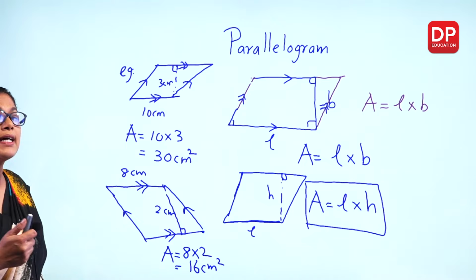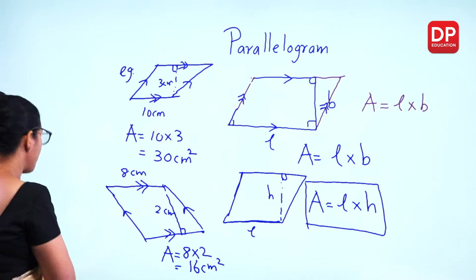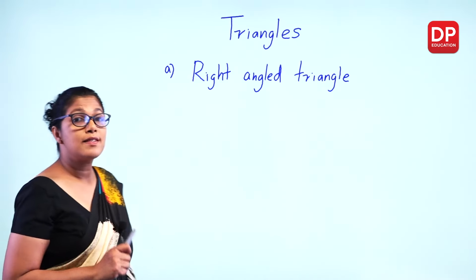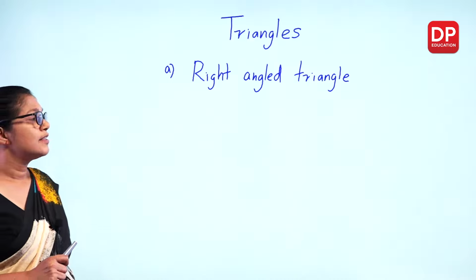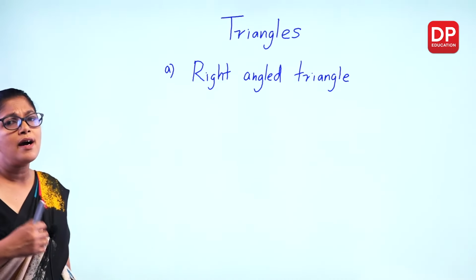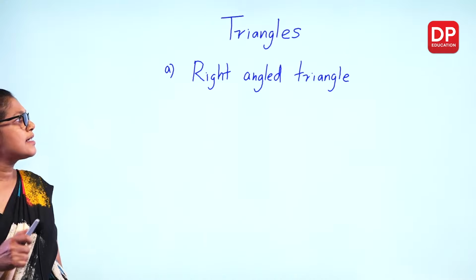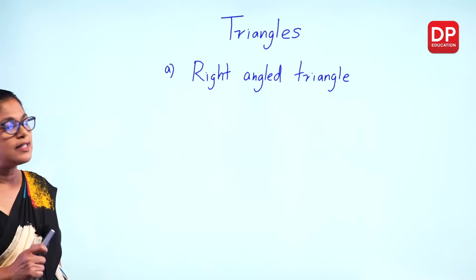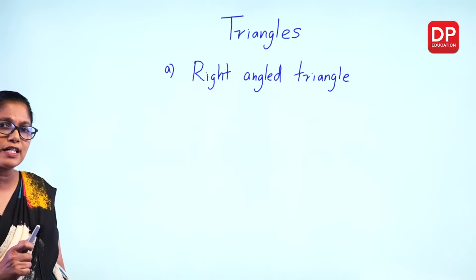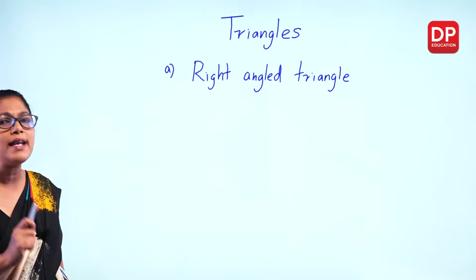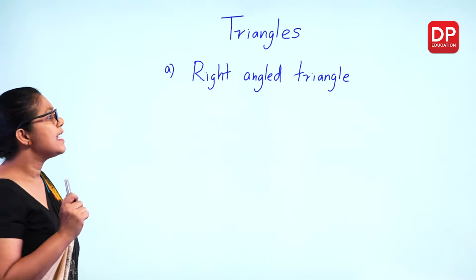Now we'll look at the next shape. So here this is about triangles. You already know there are different types of triangles. So first we'll look at a right angle triangle. What is a right angle triangle? It means one angle is 90 degrees.